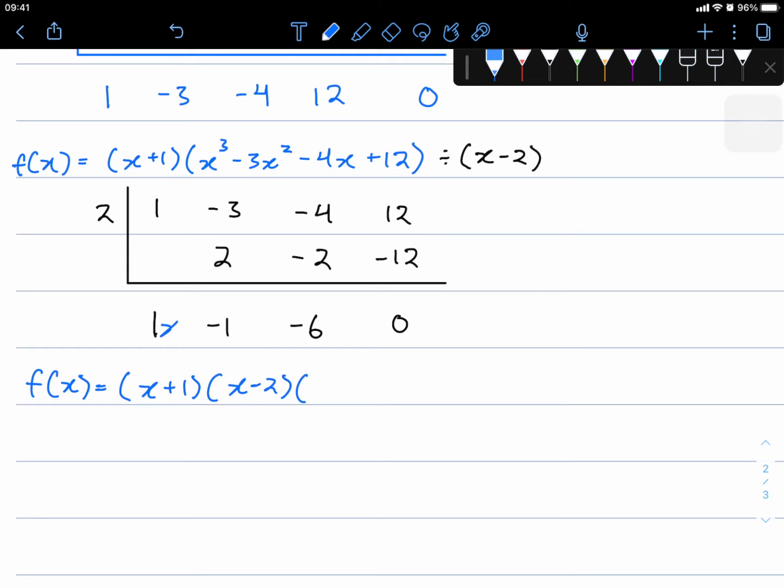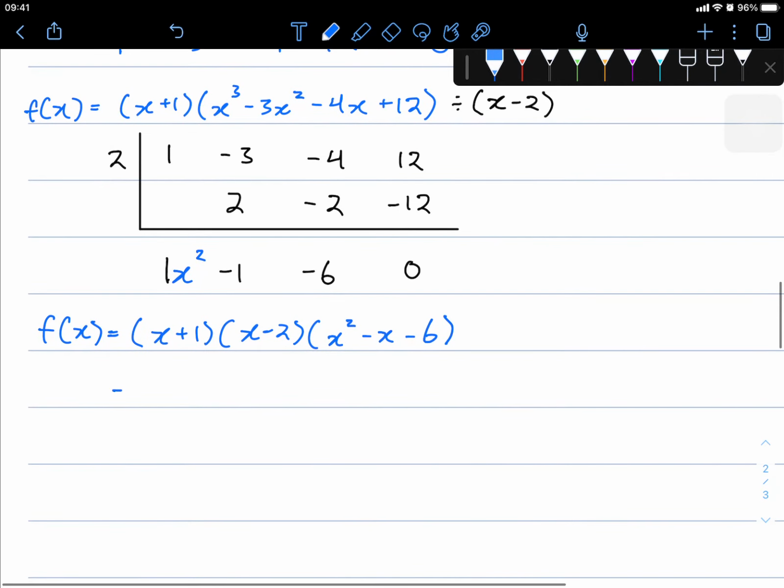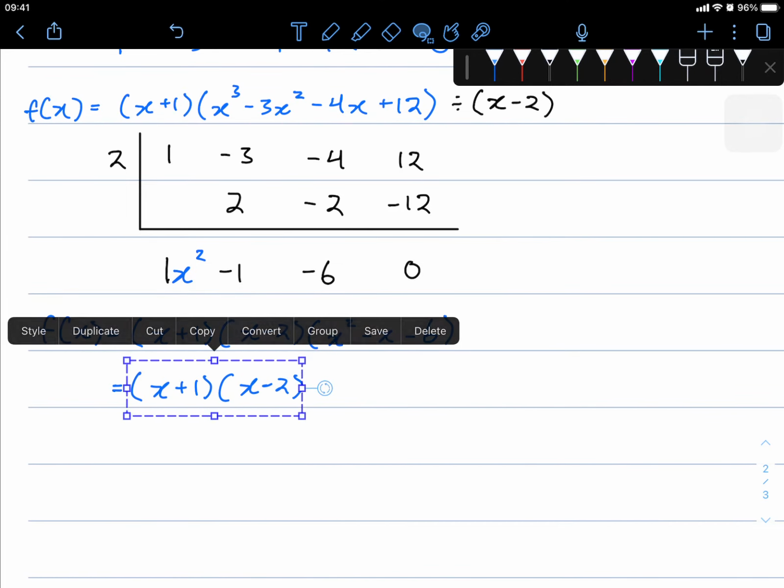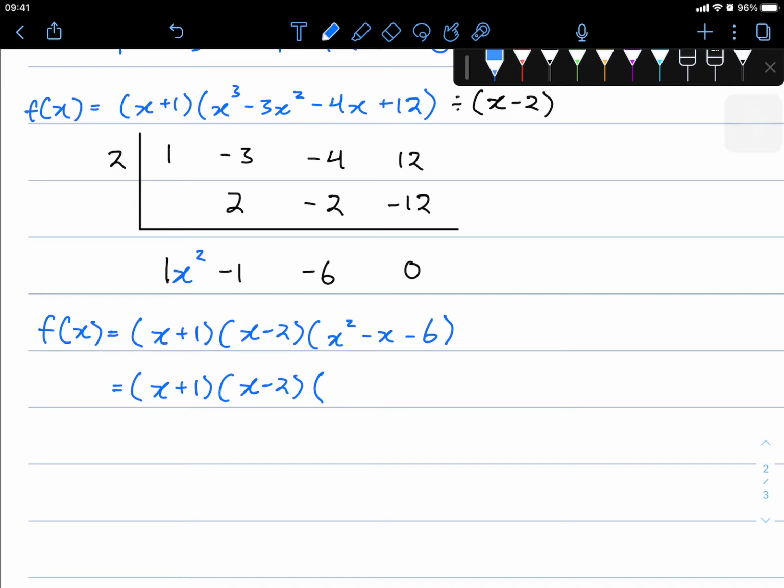this is now x squared, so x squared minus x minus 6, and since this is a quadratic, we can factorize that a little bit quicker. I can think of two numbers, them being positive 2 and negative 3.